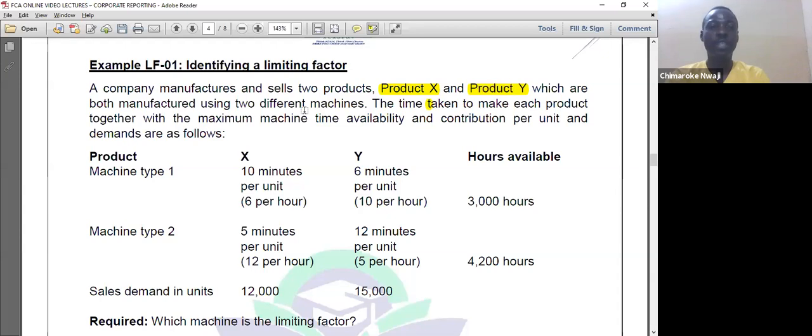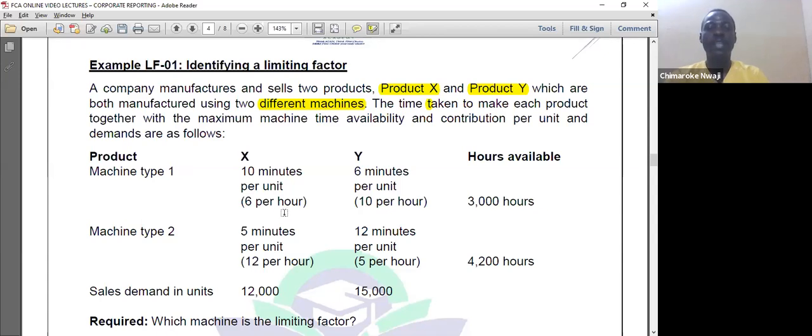And now they are using 2 different machines. So you see what I'm highlighting? They are using 2 different machines. Now the time taken to make each product, together with the maximum time availability, contribution per unit and demand, are as follows. You can see product X and Y; look at the available hours, look at machine type 1.